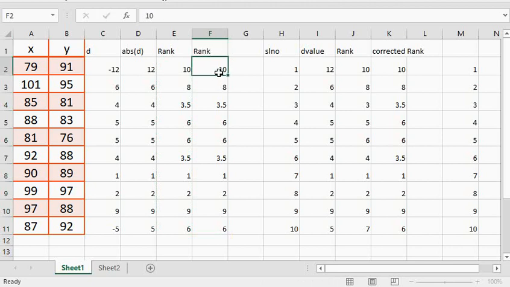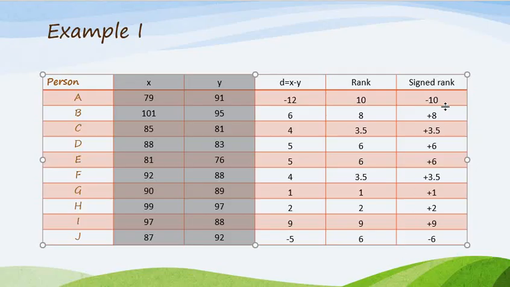This one is negative, so I put -10, and the last one is also negative, so I put -6. The others are all positive. So this is what I got.